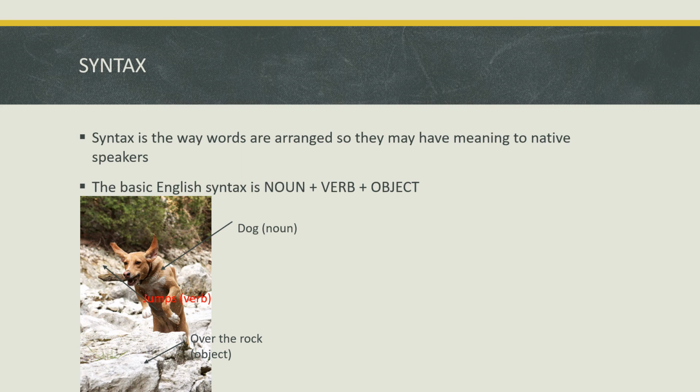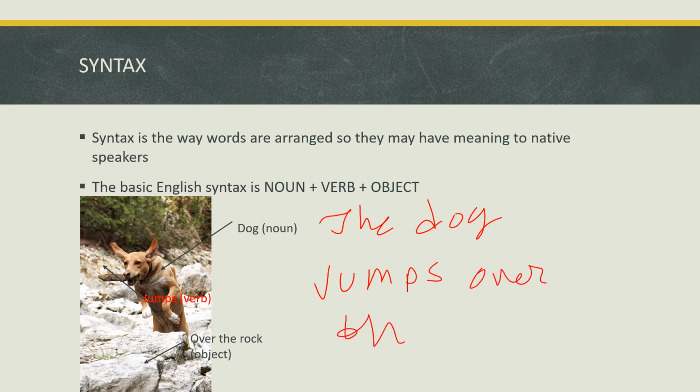So if I were to write a sentence, I would write it as the dog jumps over the rock, right? So that would be the sentence. The noun, dog, the verb, jumps, and the object, rock.